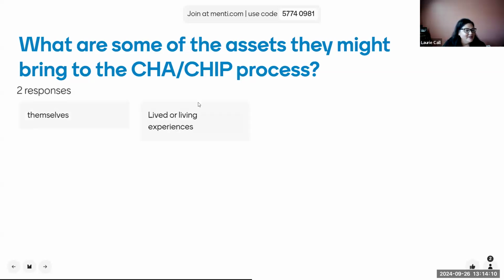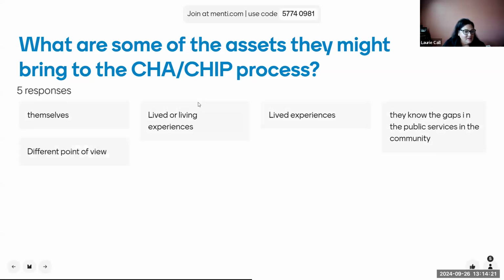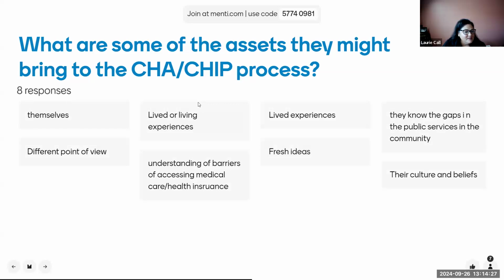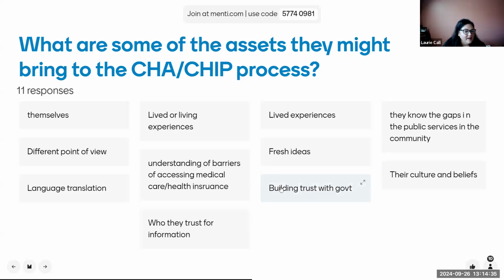Themselves. They would bring themselves and their experiences, their lived experience. Yes, their lived experience. They know the gaps in the public services in the community. Absolutely. Different points of view, understanding of barriers of accessing medical or core health insurance, fresh ideas, their culture and their beliefs. So we would know more about that.